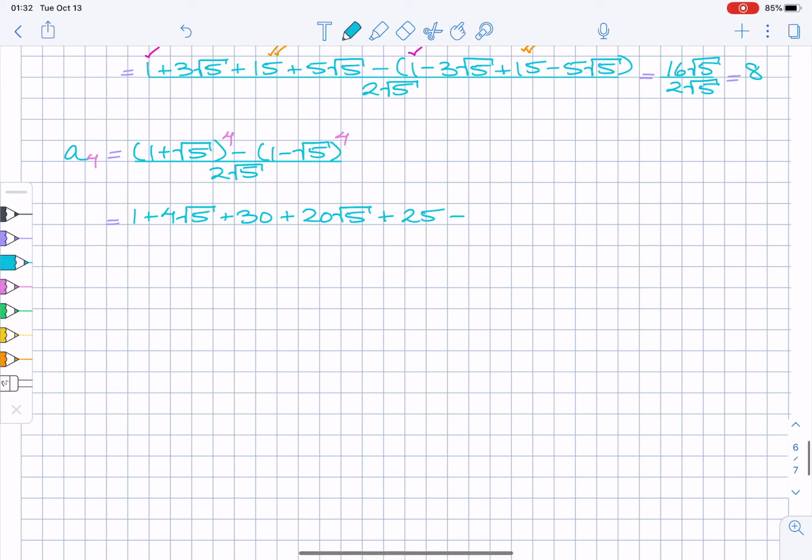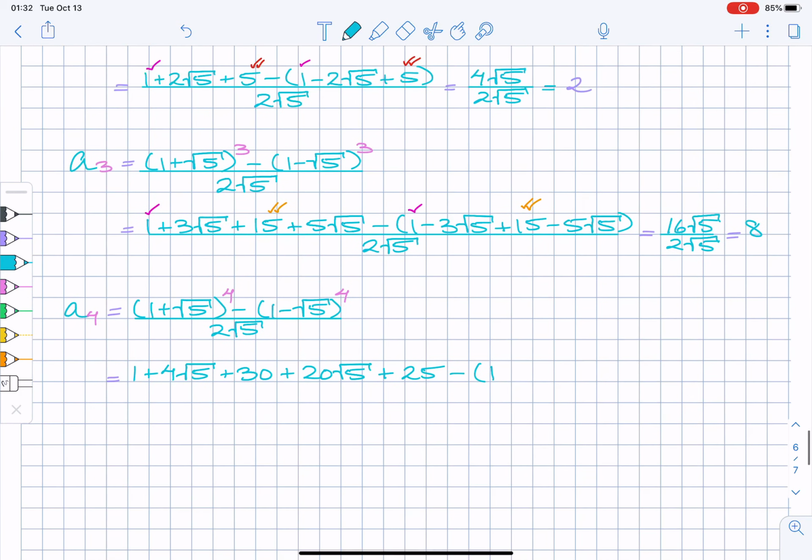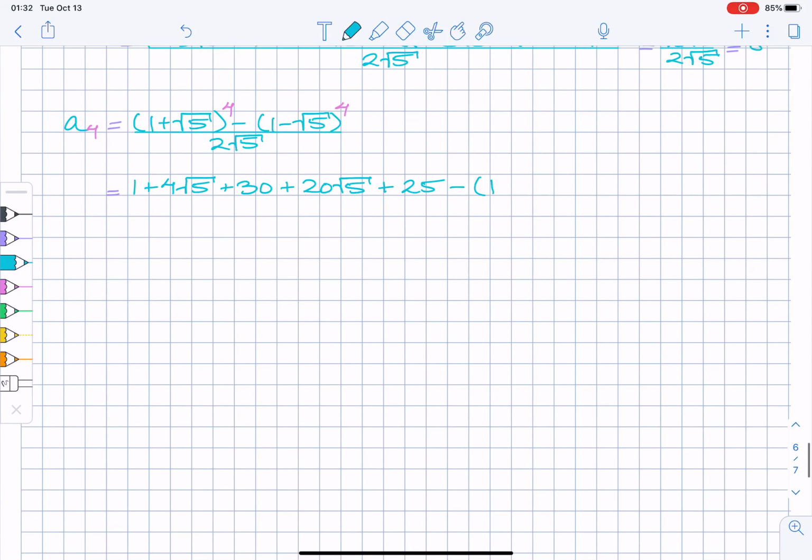From which I'm subtracting 1 to the 4th minus 4 root 5 plus 6 times 5 is 30 minus 4 times 5 is 20 root 5 plus 5 squared is 25. Okay. All over 2 root 5.